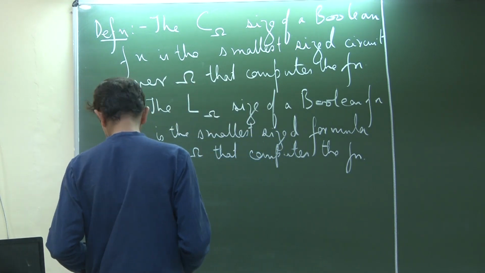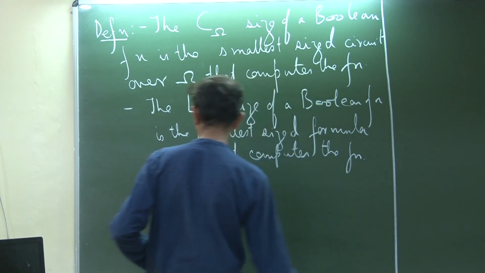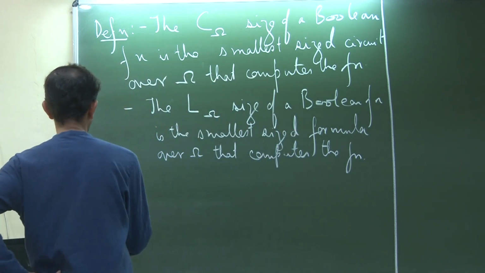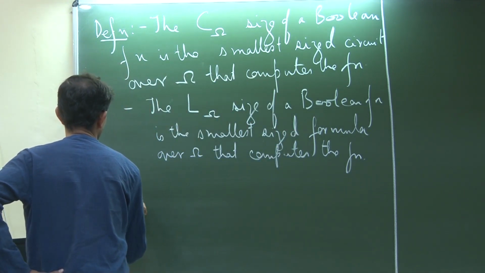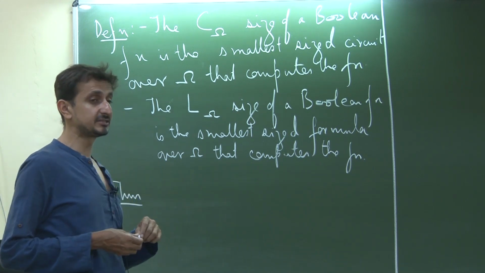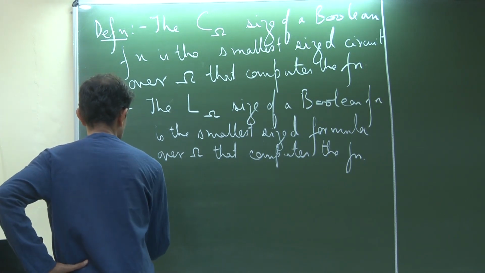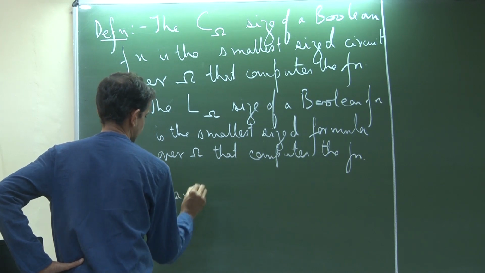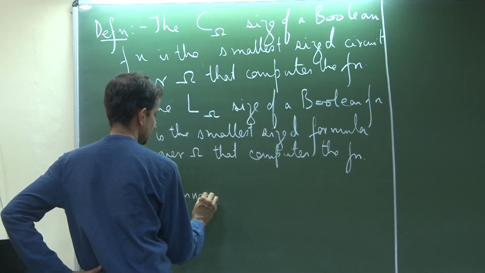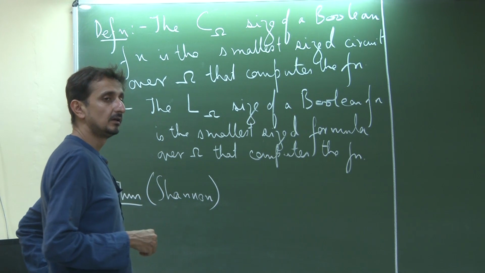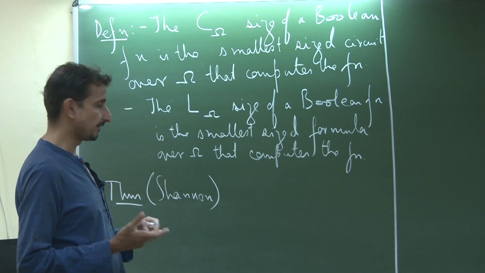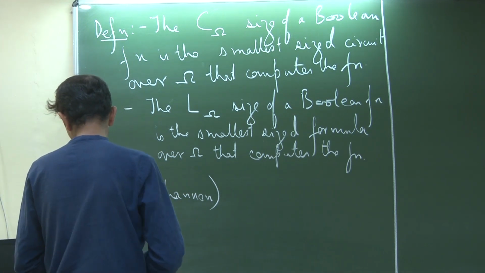So, now let us look at a theorem. The first theorem that we are going to study today was given by Shannon. Shannon has many theorems; this is one of his very famous theorems in circuit complexity.